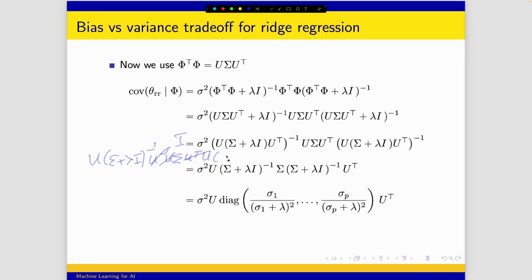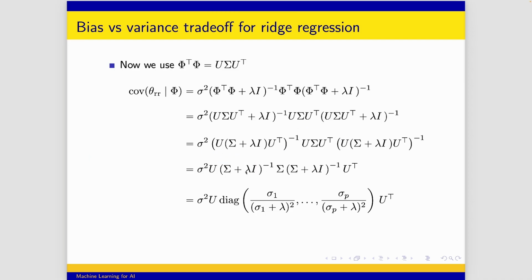Then that's multiplied by sigma plus lambda I to the minus 1, and then we've got U to the minus 1, which is U transpose. So that's how we get from here to here. We've got the U, this inverse, times sigma, times this inverse again, and then U minus 1, which is U transpose.